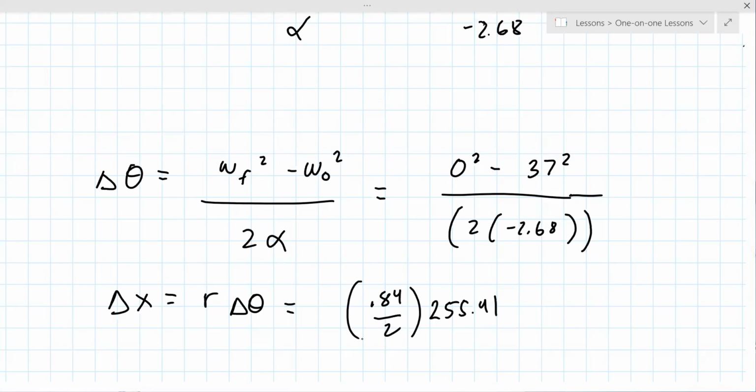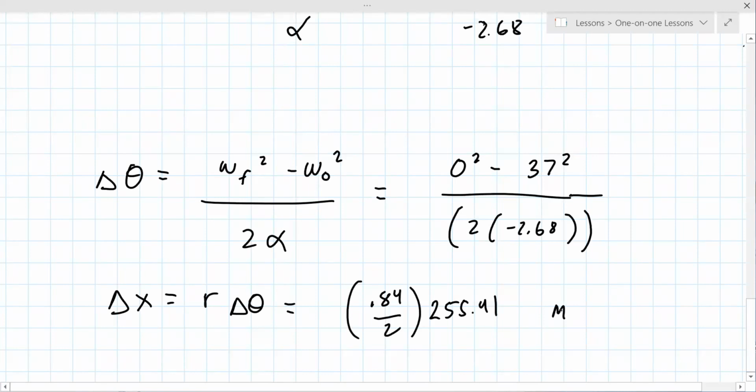It should be around 100-ish. I get 107.27. Okay, that sounds reasonable. What's the unit here? It's meters. All right.